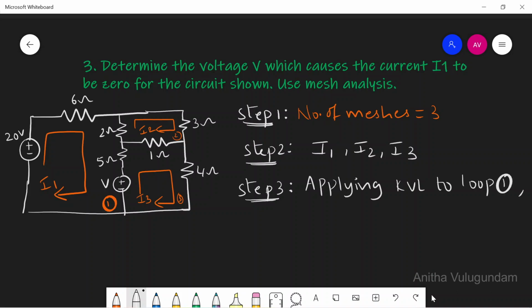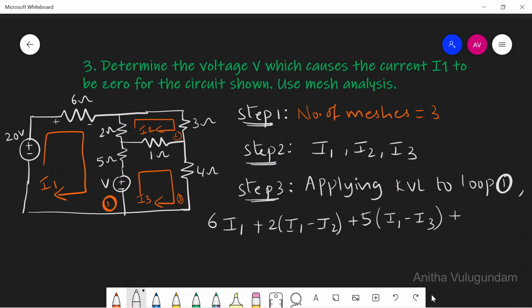I can write the equation as here. Voltage drop across the 6 ohm resistor is 6 into I1, plus the voltage drop across the 2 ohm resistor. Here two currents are flowing, I1 and I2. I'll assume I1 is greater, so 2 into (I1 minus I2). Next, the 5 ohm resistor, 5 into (I1 minus I3).